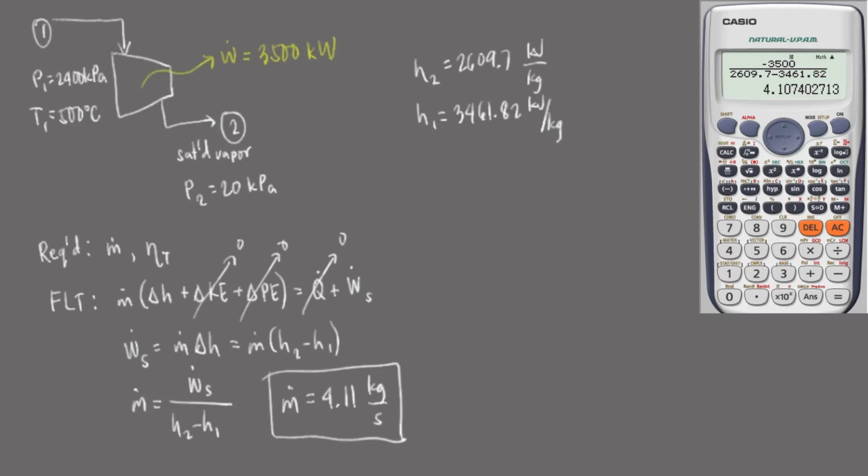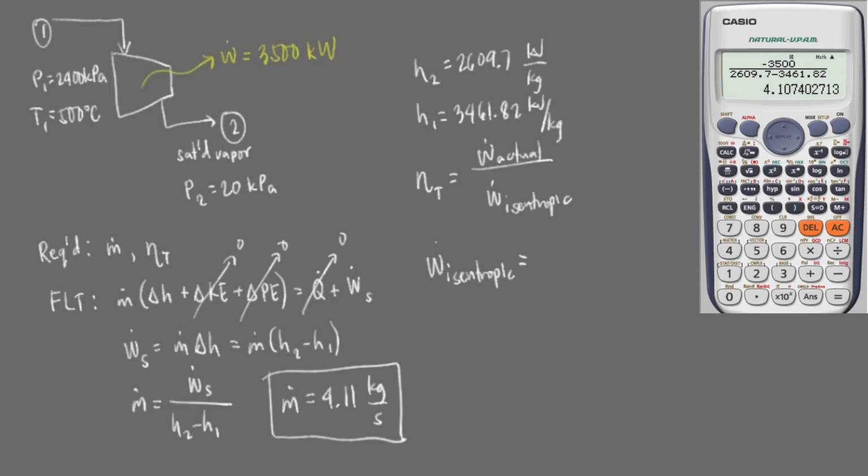For the next part of the problem, we are asked to determine the isentropic efficiency of the turbine. We define the isentropic efficiency of a turbine as the actual work generated over the isentropic work. The actual work was already given, that is 3,500 kilowatts. So all we have to do is to solve for the isentropic work.